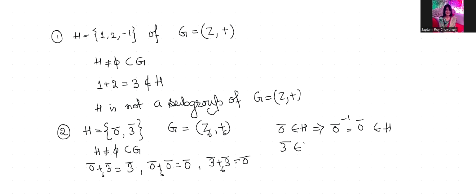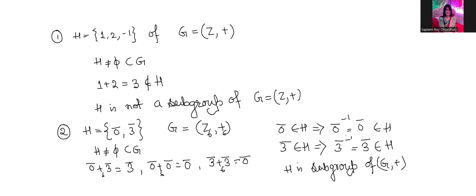So all the two-step test conditions are satisfied. So we call that H is a subgroup of G comma plus, or G comma plus 6. Clear?